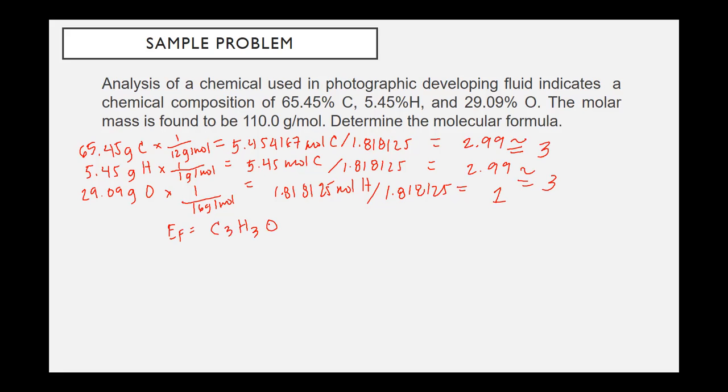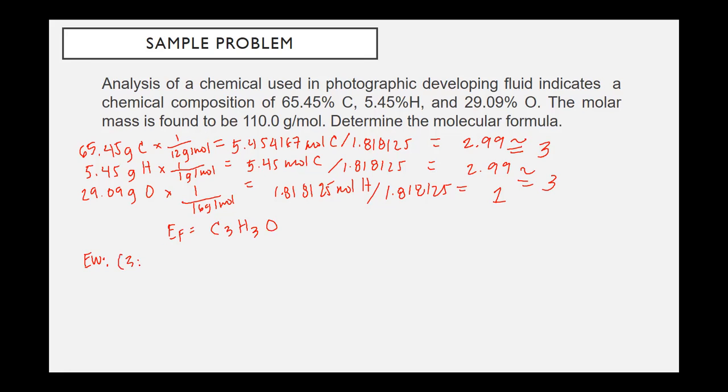Susunod pa ba? So, the next one, para makuha naman natin yung molecular formula, first we got to compute for the empirical weight. So, dahil may empirical formula na tayo, we can compute for the empirical weight. So, that would be the same as computing for the molar mass of a compound.